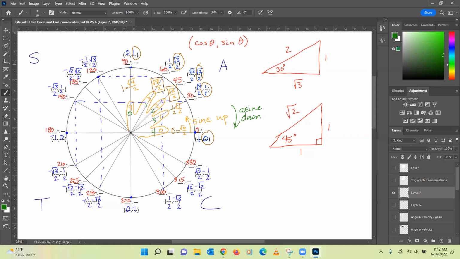So we end up with square root of 0 over 2, square root of 1 over 2, square root of 2 over 2, square root of 3 over 2, and square root of 4 over 2. And sure enough, those are the x values of all of these ordered pairs.